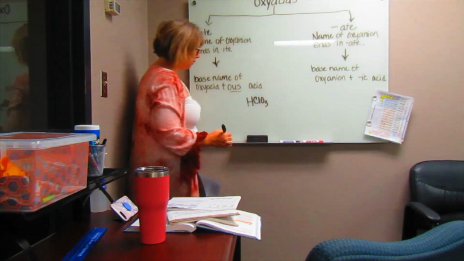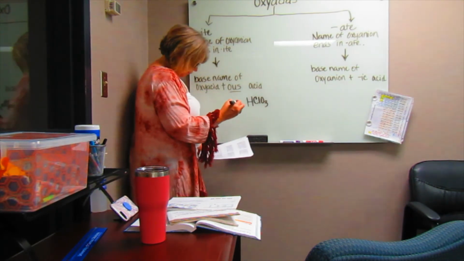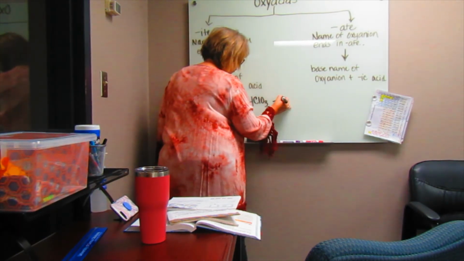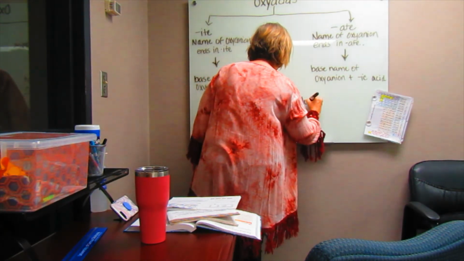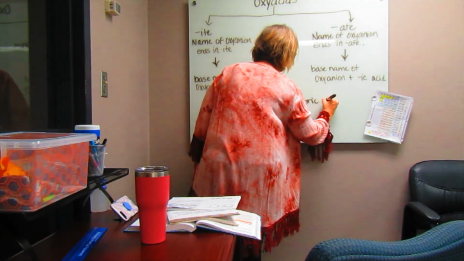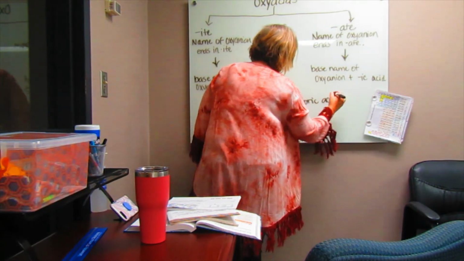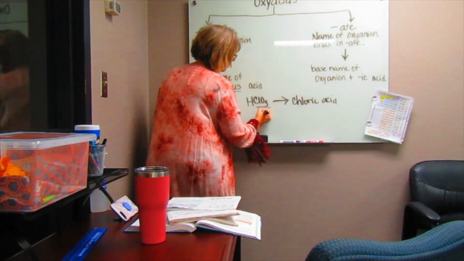So an example here would be HClO3, right? This is going to be chloric acid because this is chlorate.